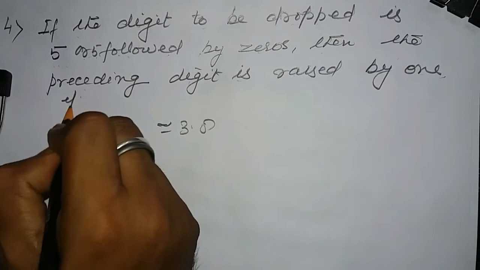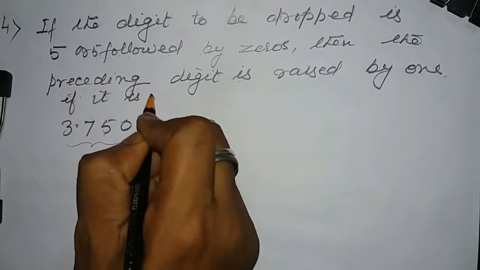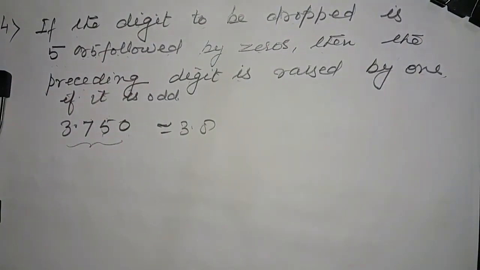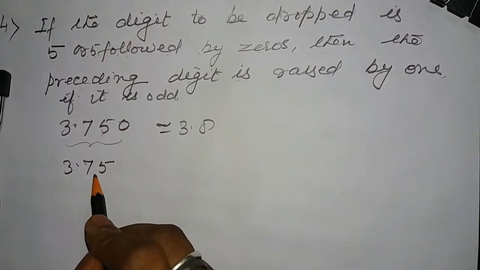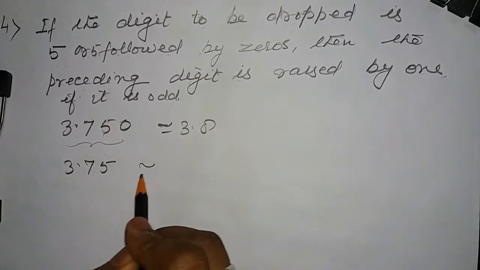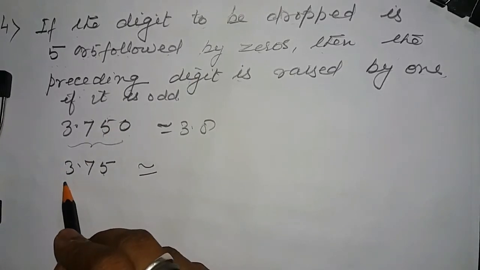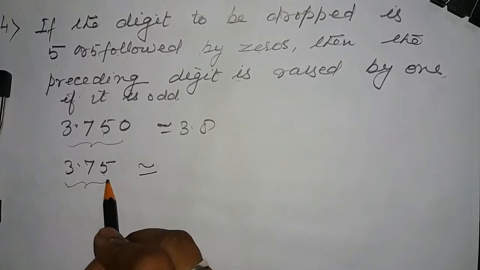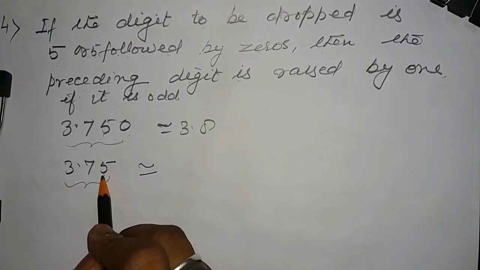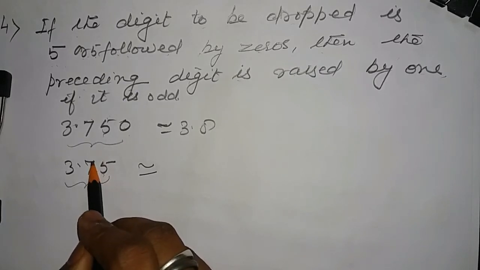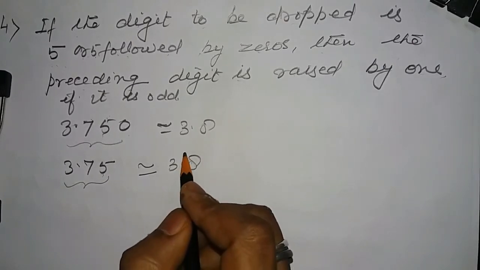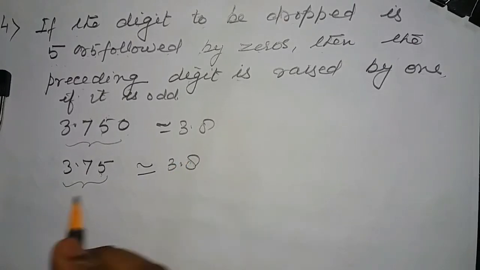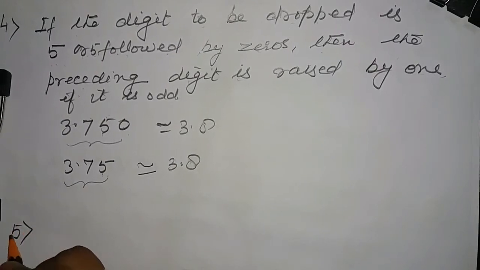Similarly, if it is 3.75 and I have to write this figure in two significant figures, I have to drop the 5. When I drop the 5, the preceding digit will increase by 1 unit and this will be 3.8. Clear? Now the next one.